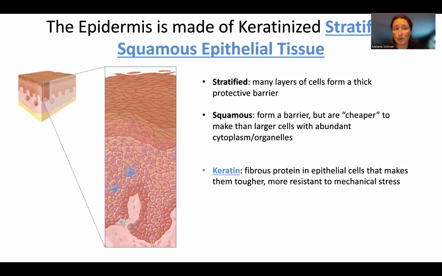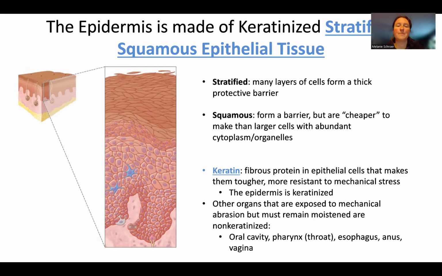This is a fibrous protein that essentially makes those cells really tough. And so if you are a cell on the very surface of the body, you are exposed to all sorts of things. And so you need to be really strong against it. Other epithelial tissues that are within our body, they don't need to be quite as strong. They're protected by the rest of our body. And so they would be not keratinized.